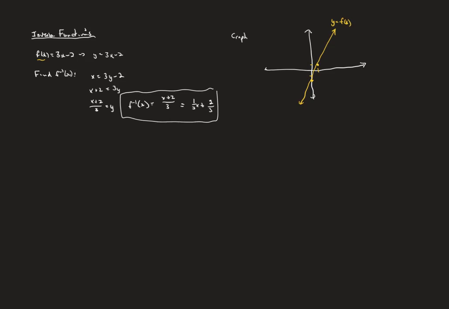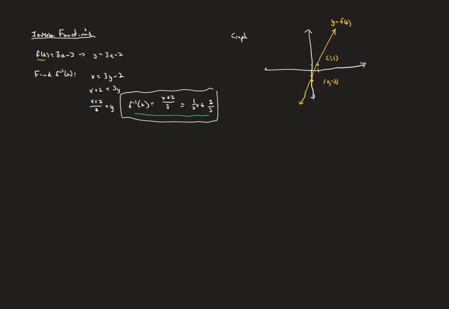If we then do the graph of the inverse, now I'm going to do a different strategy here. Instead of doing the 1/3 x plus 2/3, I'm going to come back and look at these ordered pairs that we had on the original function f, and just to illustrate another strategy, we can switch the x and y's in the ordered pairs.